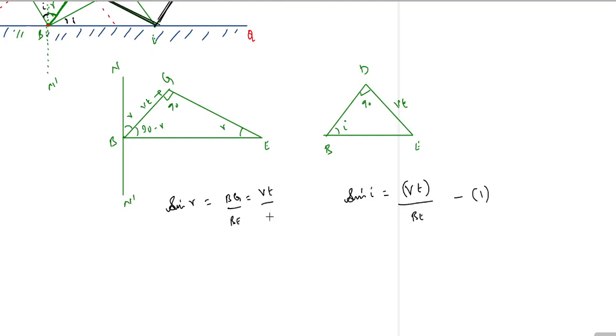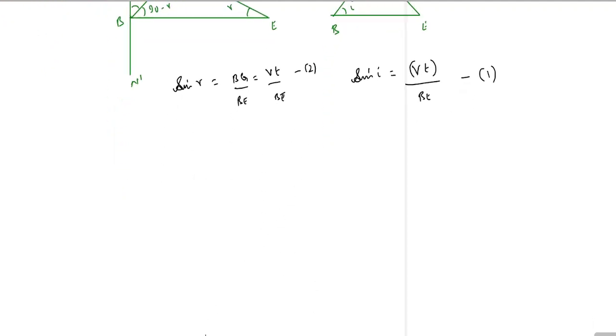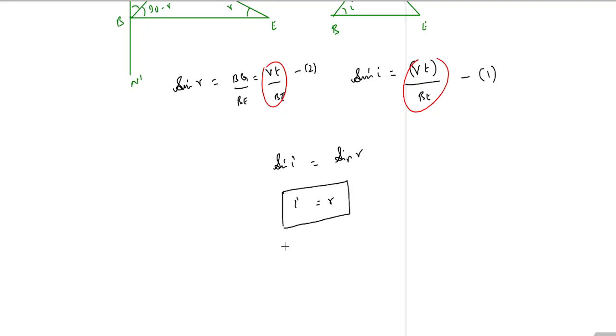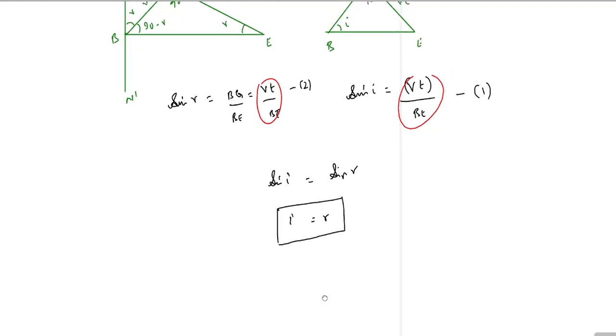Let's call this 2. So comparing 1 and 2, sine I is equal to sine R, because the terms on the right hand side are equal. This implies that I is equal to R. Hence, we have proved the laws of reflection.